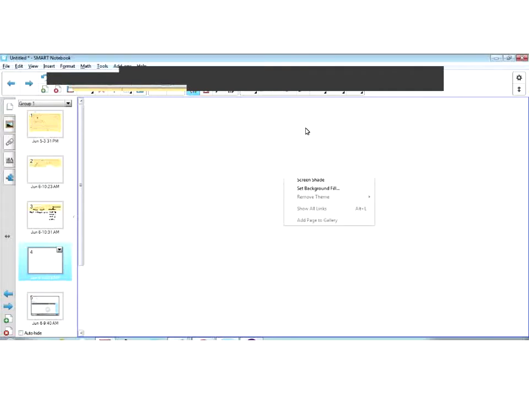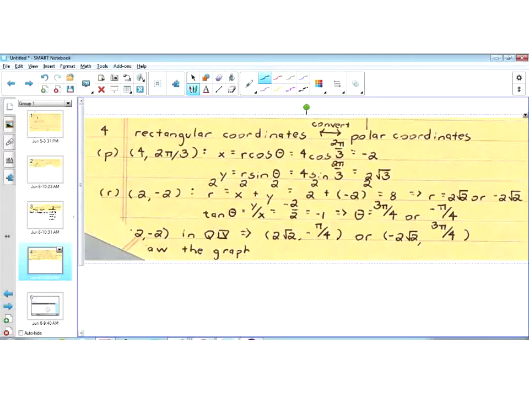Okay, so in this note, we'll talk about rectangular coordinates converted to polar coordinates and vice versa. So suppose I give you a polar point in polar coordinates like this, 4, 2 pi over 3, and we wish to convert this to rectangular coordinates.